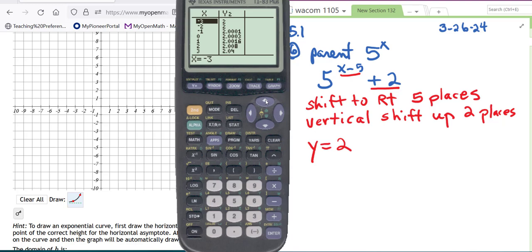Since we should be able to use any 2 points, let's see. I want the point that would make this exponent part 0. So let's use a 5 there, a positive 5. If we put a positive 5, would we get a 0 there?